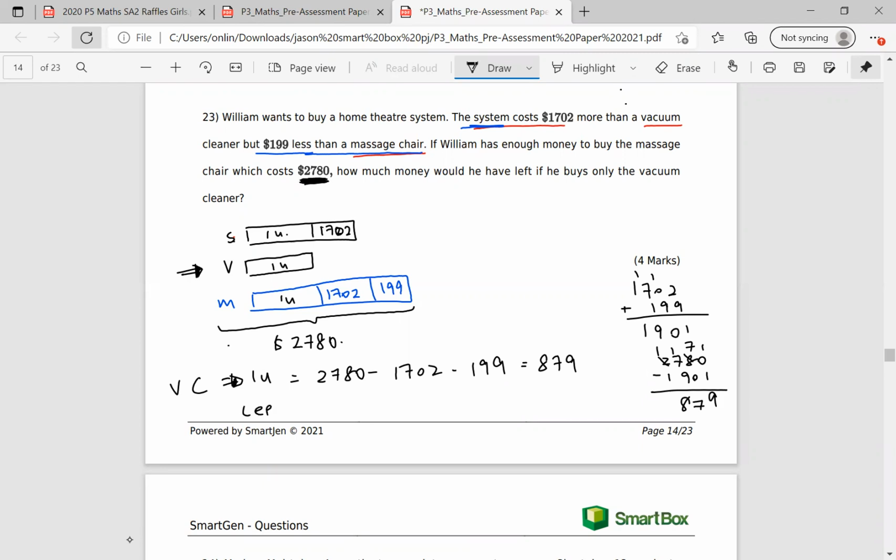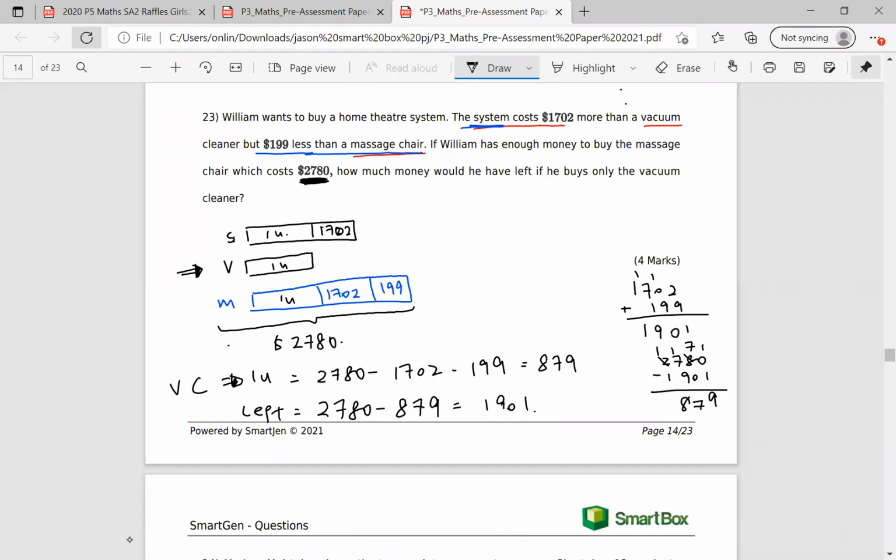So left, if he uses his money to buy the vacuum cleaner, will be 2780 minus away 879. So this one, if you solve it out, your number here should be actually just 1901.